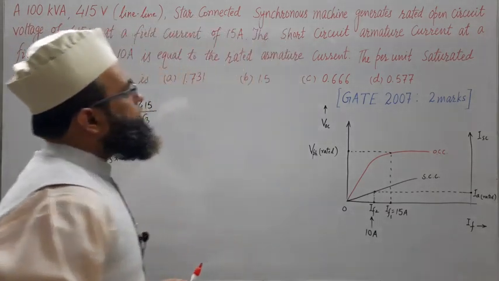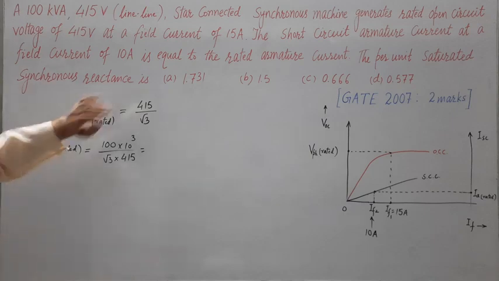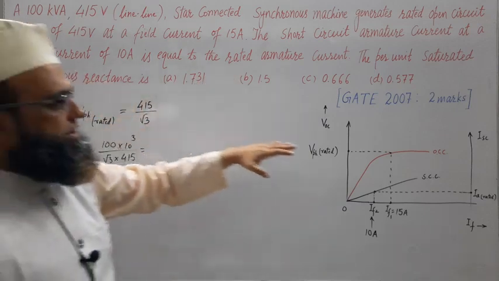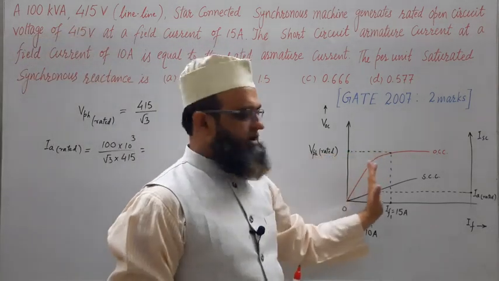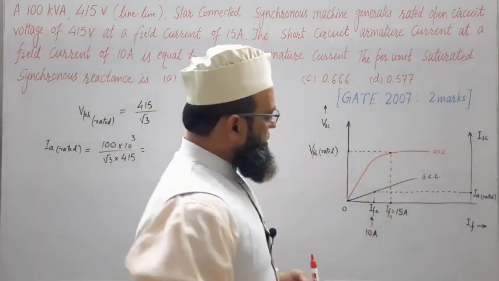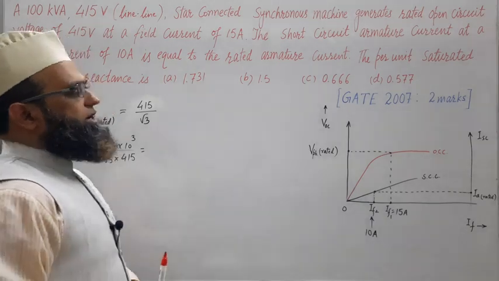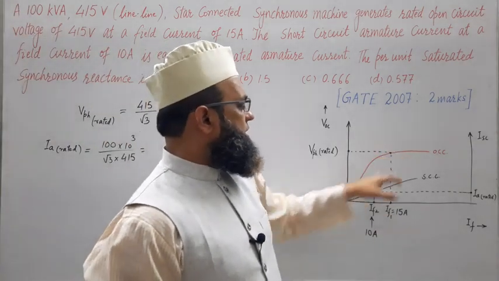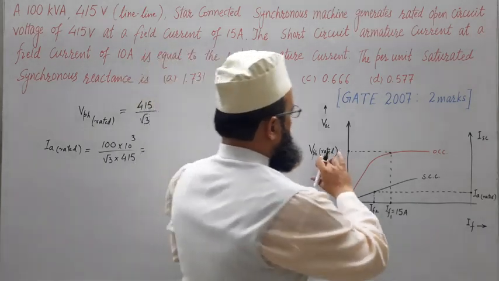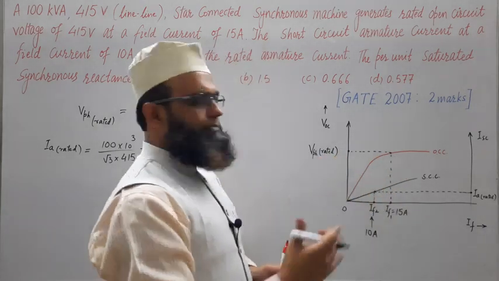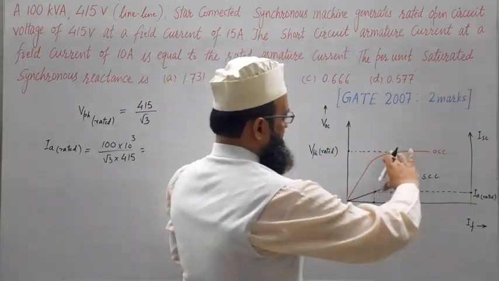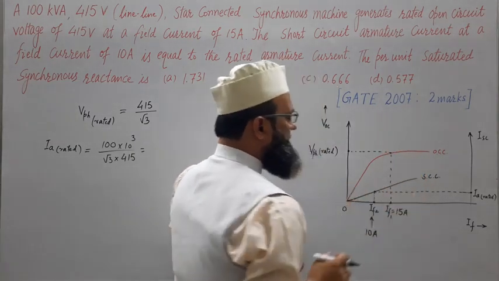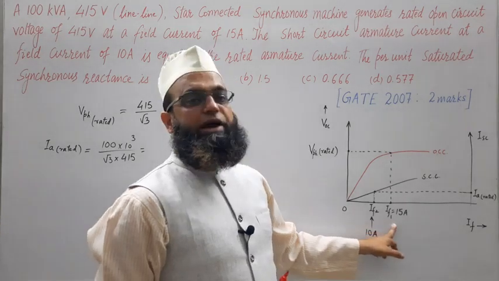We have to evaluate synchronous reactance, saturated synchronous reactance, not unsaturated, right? Saturated. For performance analysis, generally we evaluate at rated value, which is normally near to saturation. So we will take the ratio of open circuit voltage upon short circuit current at the same value of field current.